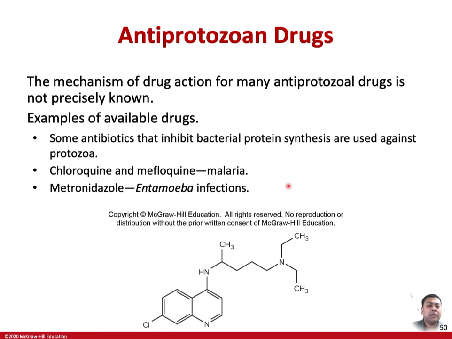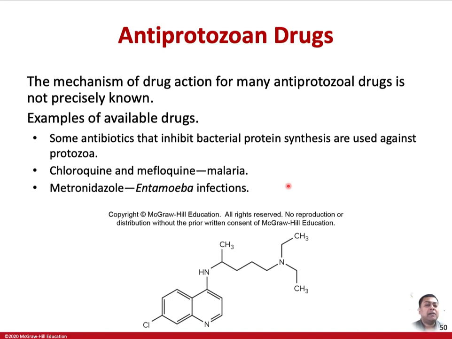But another interesting part, as I said before, is that some antibiotics like clindamycin and paromomycin also can be used against some of the protozoa known as the apicomplexan protozoans, which have an apicoplast, and this apicoplast is a derived organelle from the plastid.